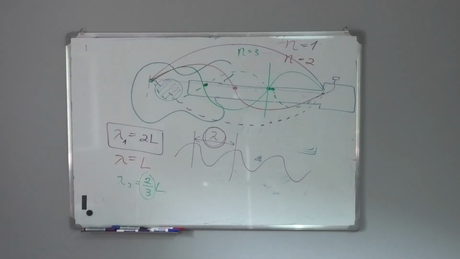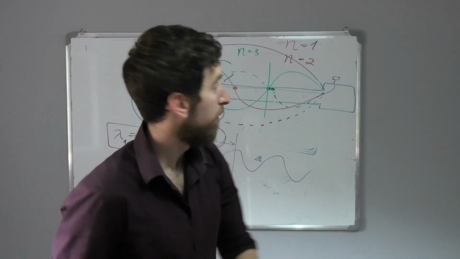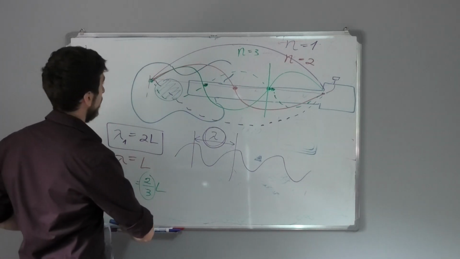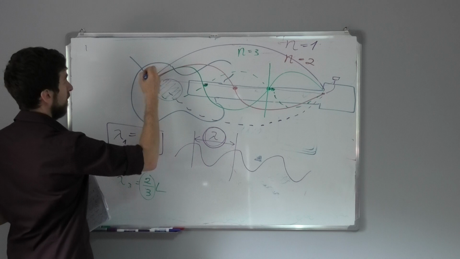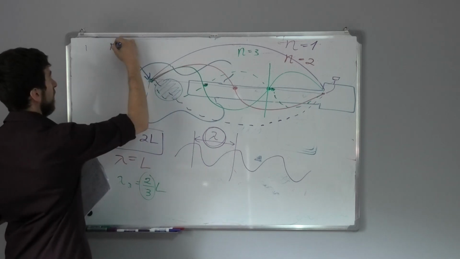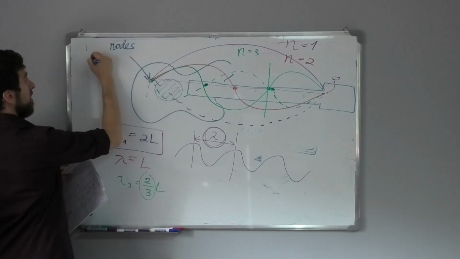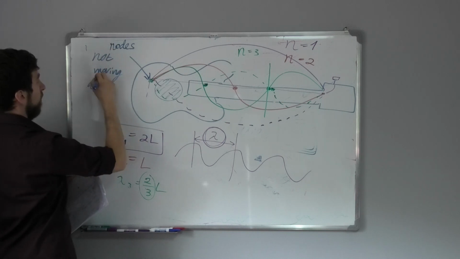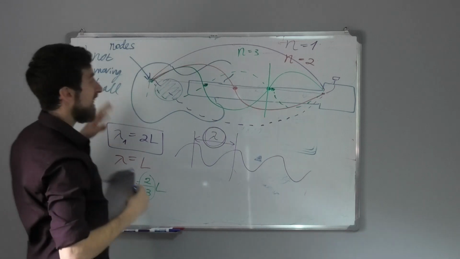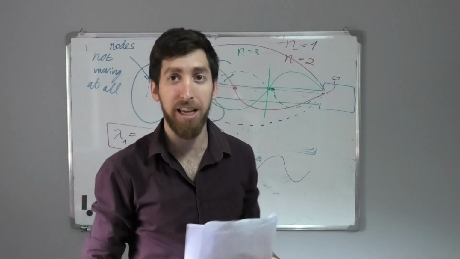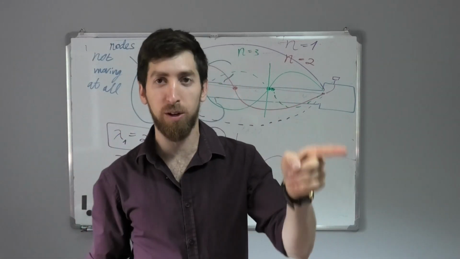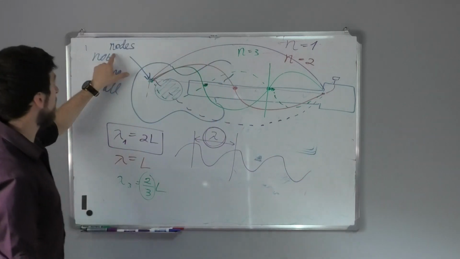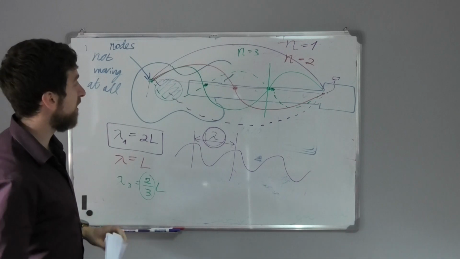These are called nodes. So nodes is the place where the string is not moving at all. So how I remember it is, I ask the string, do you move at that location? And it says no. Node, no. So that's how I remember it.